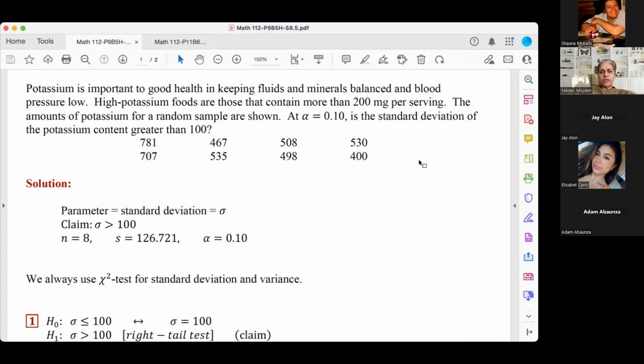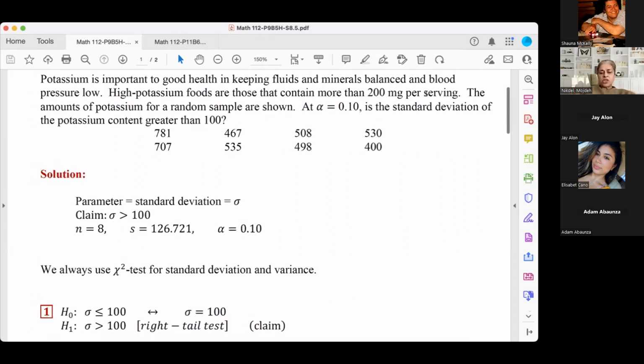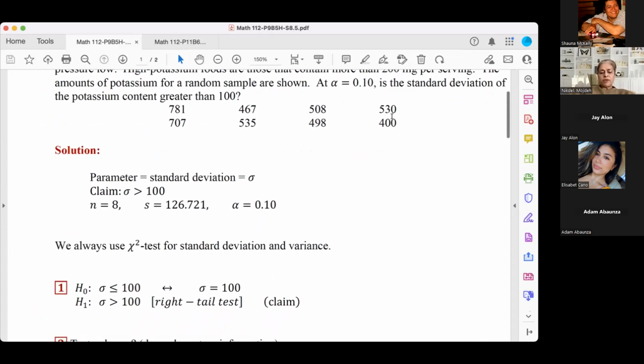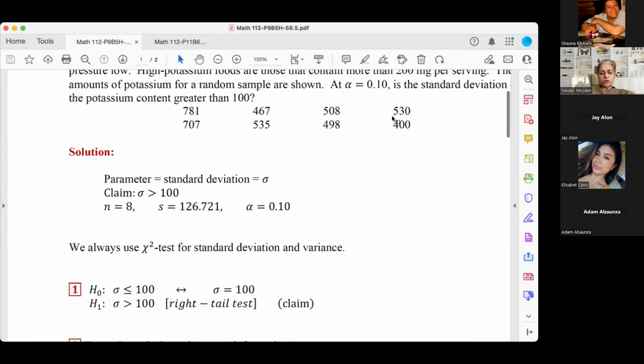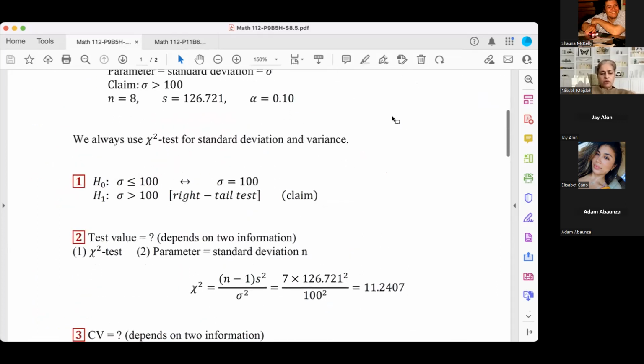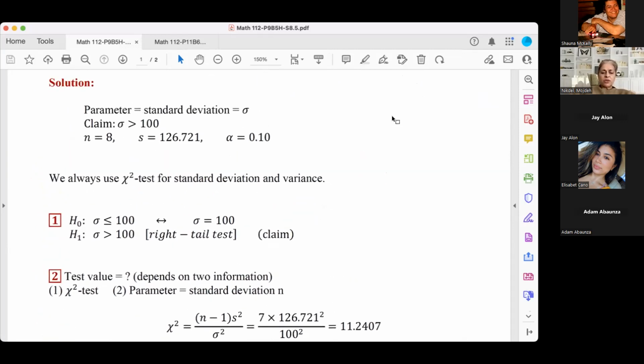But in the textbook, if it doesn't mention any method, it is the traditional method. Otherwise, they will tell you to use the p-value method, like the previous example. So for the traditional method, you have to find the critical value.